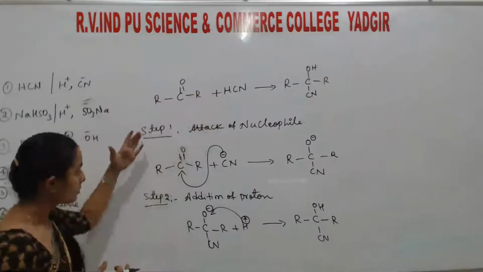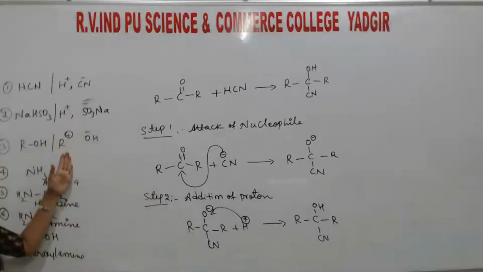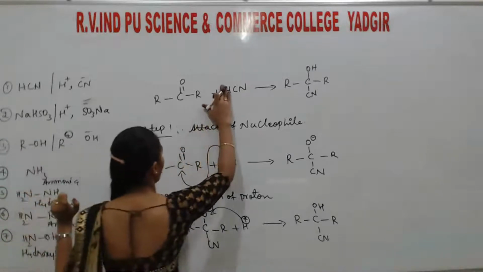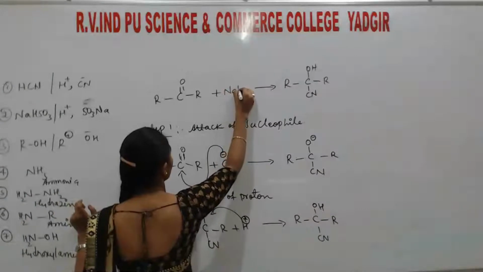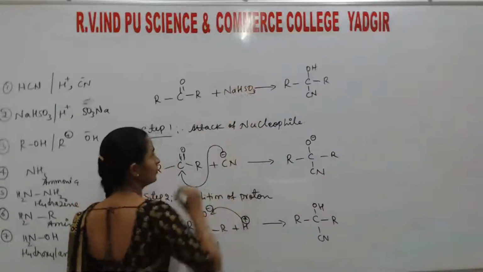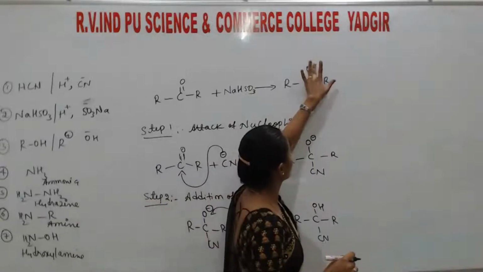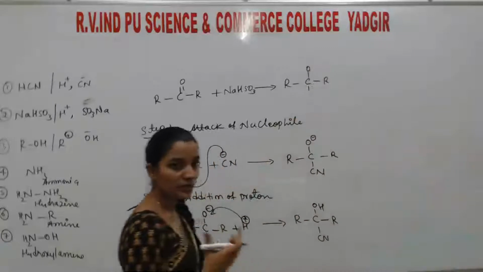And remember, once you know this reaction, you can easily write all these reactions. So listen, here if you take NaHSO3 instead of HCN, of course you have to see which one is plus and which one is minus.